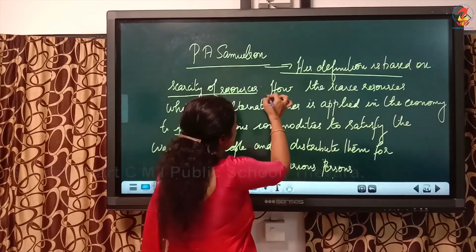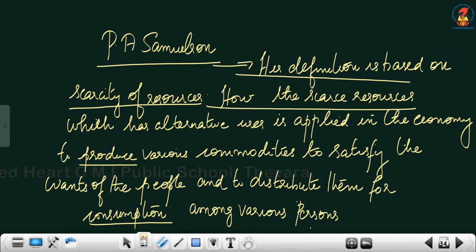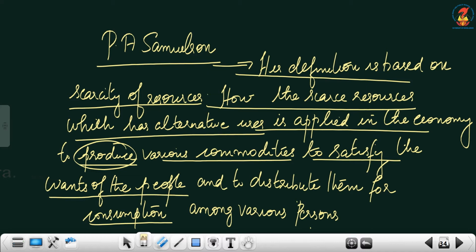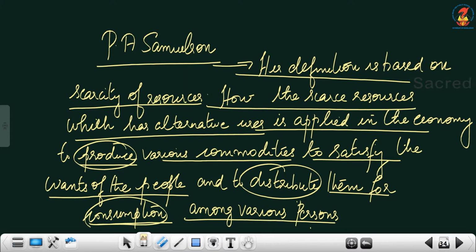According to him, he has explained how scarce resources, which have alternative uses, are applied in the economy to produce various commodities to satisfy the wants of the people and to distribute them for consumption among the various persons.